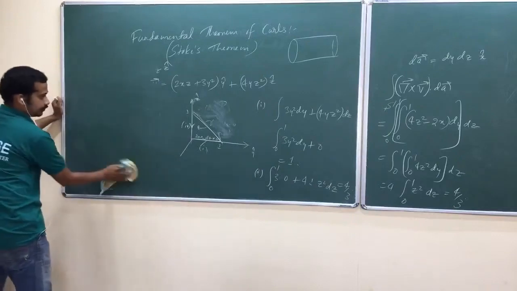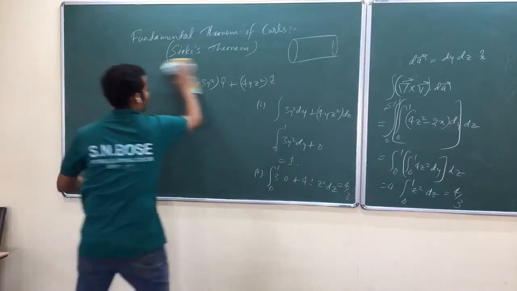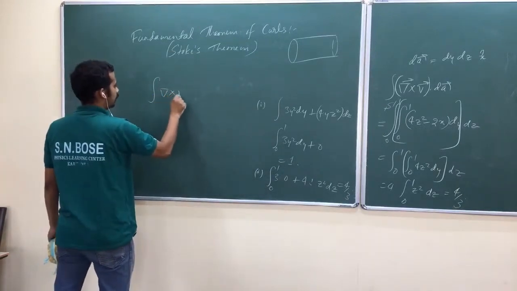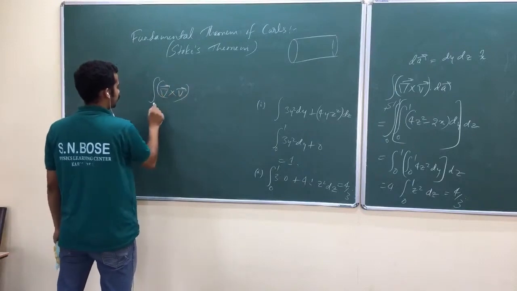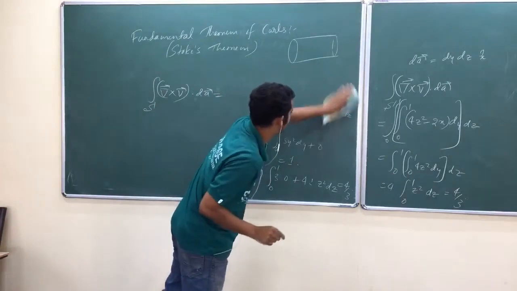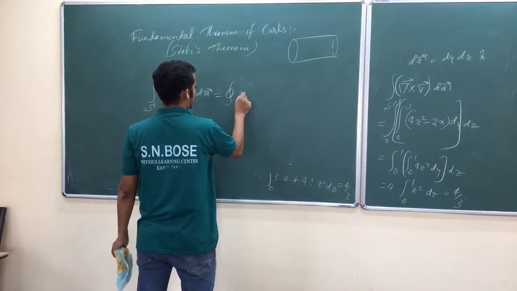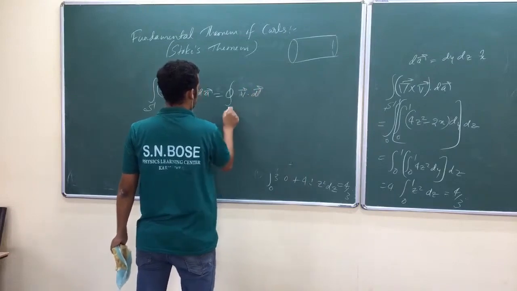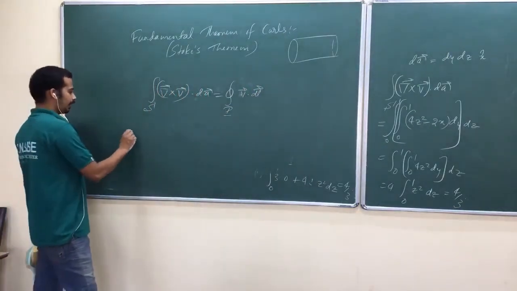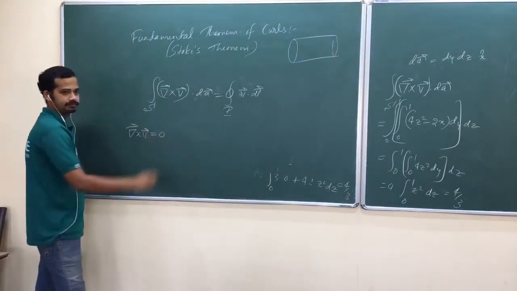Wait a second. Again, let me write that Stokes theorem. Del cross V dot dA is equal to the closed path integral of V dot dl. Am I right? Now I have a special class of vector field whose curl vanishes always.